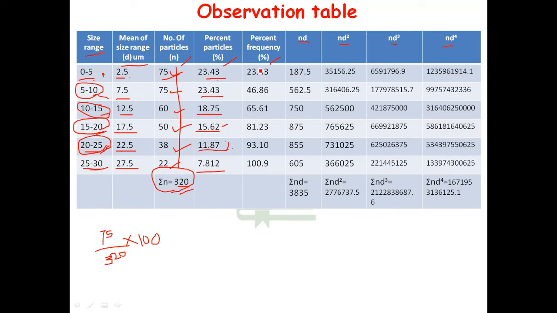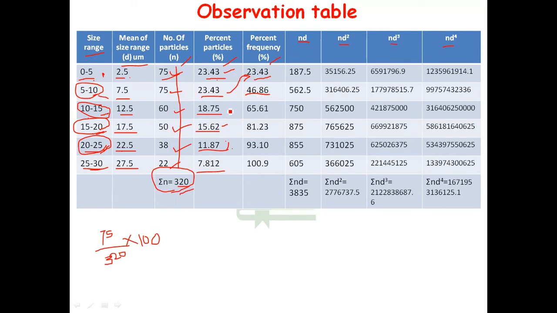Now the next column is the percent frequency. You just have to go on adding the lower value. First we take 23.43, to this we add 23.43, which gives you 46.86.